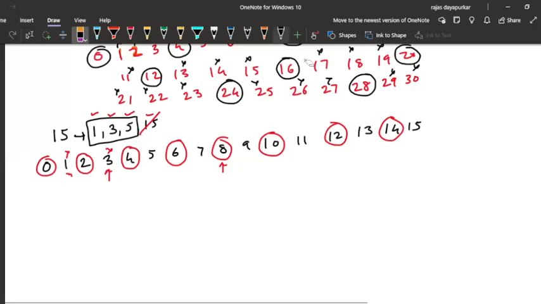I didn't get it. Say it again. Let's say we are examining the number 9. From 9, what numbers can we remove? 1, 3, 5. So by removing 1, 3, 5, are we able to reach a winning configuration? So we can reach 8, 6, and 4. Of which all 3 are winning positions, right? So 9 is a losing position.